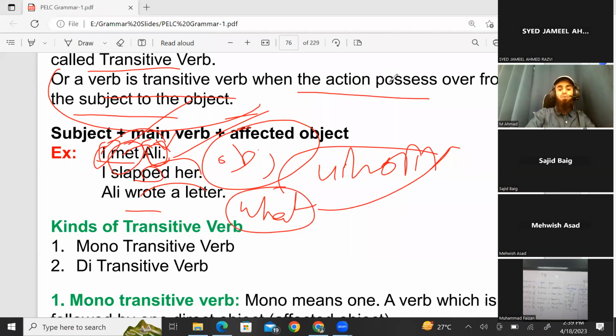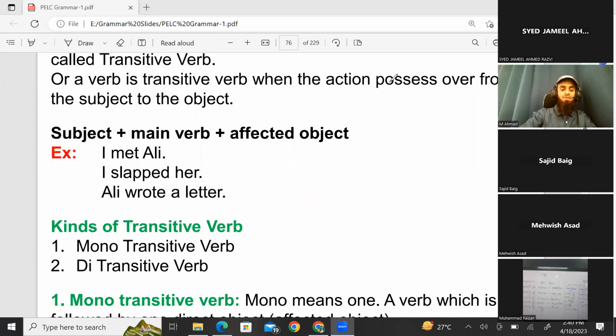Somewhere it is a what question, and somewhere both possibilities, especially the first one, is the requirement of an object, right? Ali wrote. Ali wrote what? Ali wrote a letter. Even if you do not mention a letter and only say Ali wrote, that is also a transitive verb, because the possibility of requirement of an object is there, right?